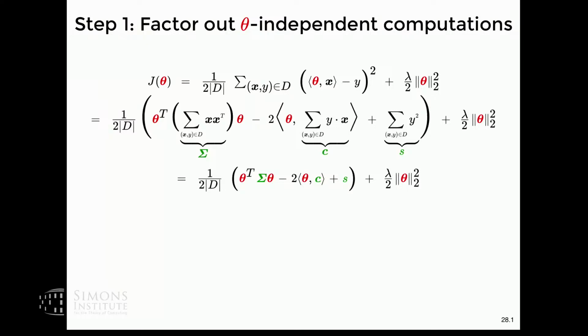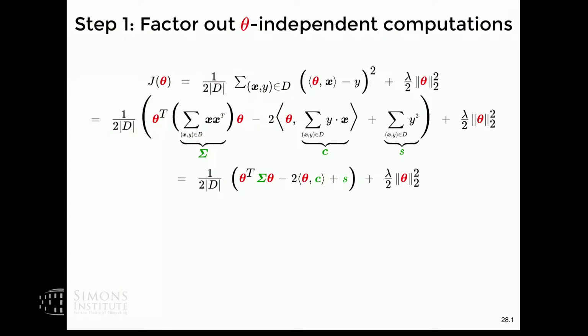So this is a square matrix whose dimensionality is number of features times number of features in one-hot encoding. We have over here a similar vector, which is a summation of x times y for every input feature x and its corresponding target y. And over here, there is another scalar, which is a summation of y squared.